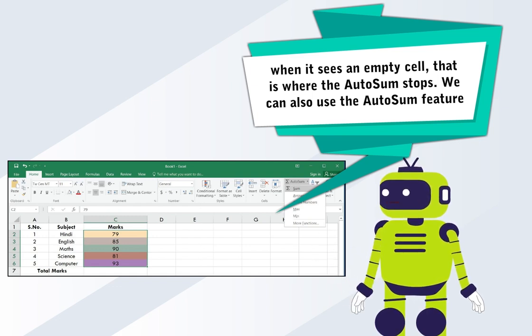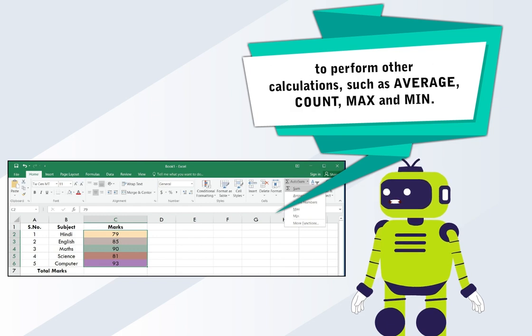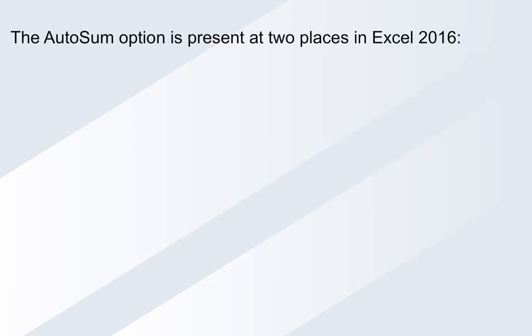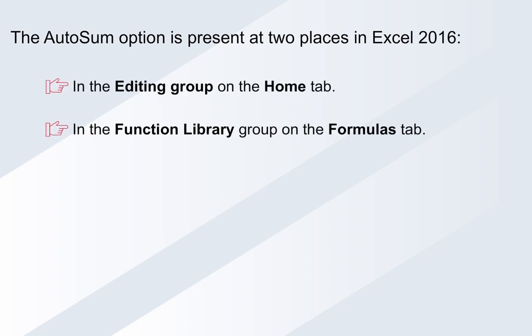We can also use the AutoSum feature to perform other calculations such as average, count, max and min. The AutoSum option is present at two places in Excel 2016: in the Editing group on the Home tab, and in the Function Library group on the Formulas tab.